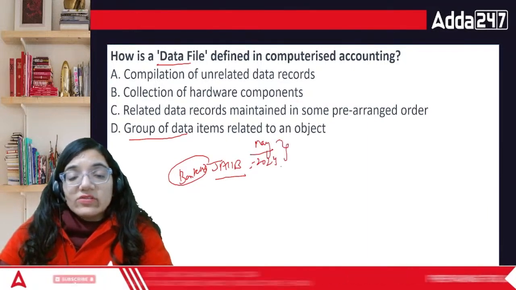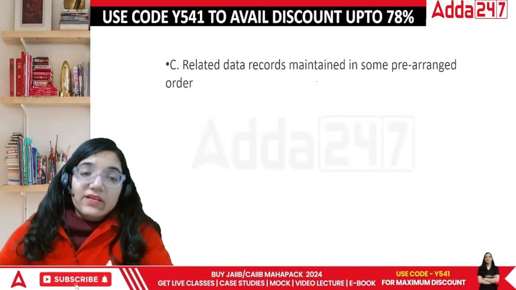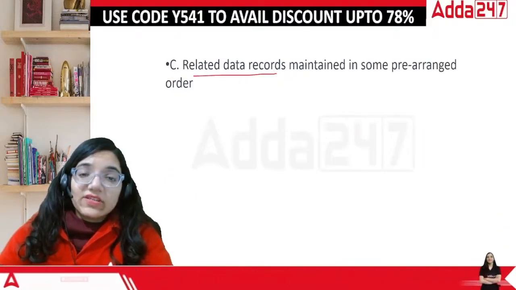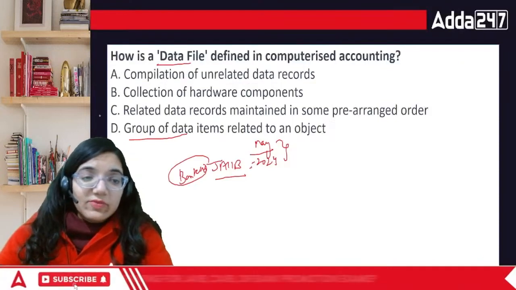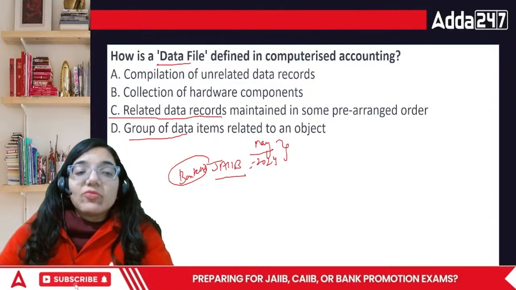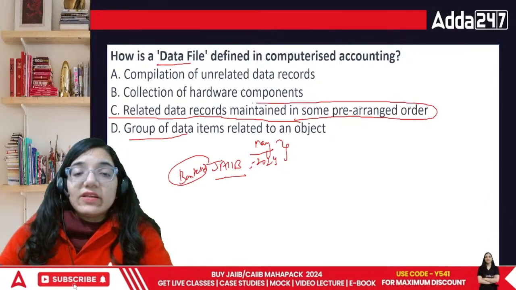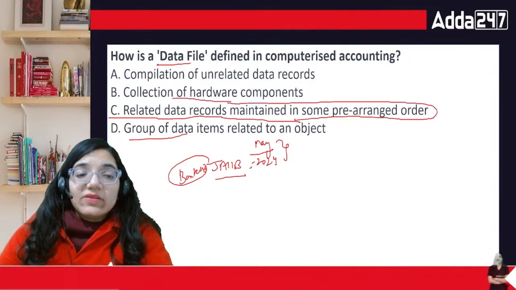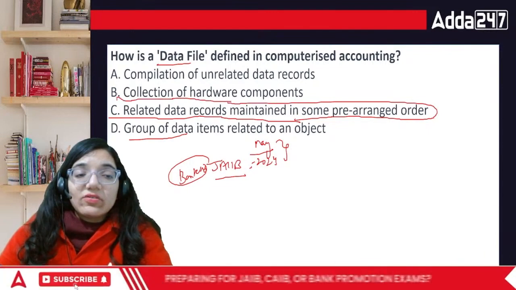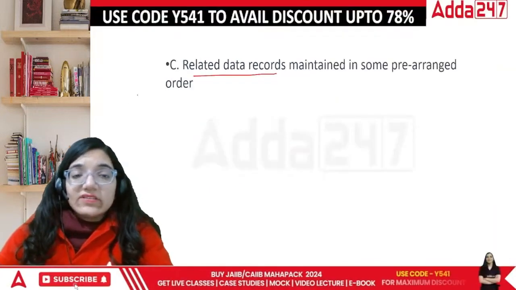So in this case, what's going to be the answer? Technically, the related data records. Acha, in this case, the answer would be C, which is nearer to the point. Related data records maintained in some pre-arranged order. It is maintained in a pre-arranged order. And now the answer is C.